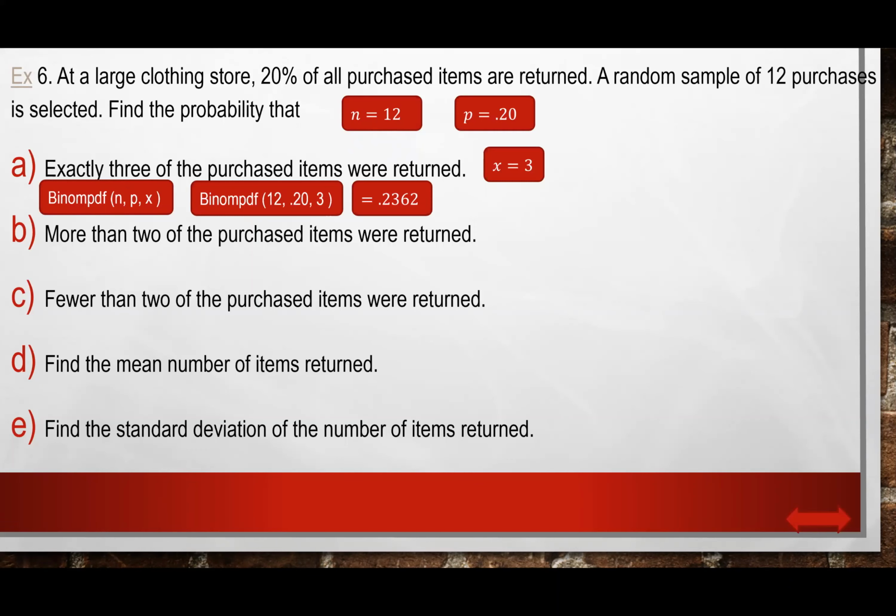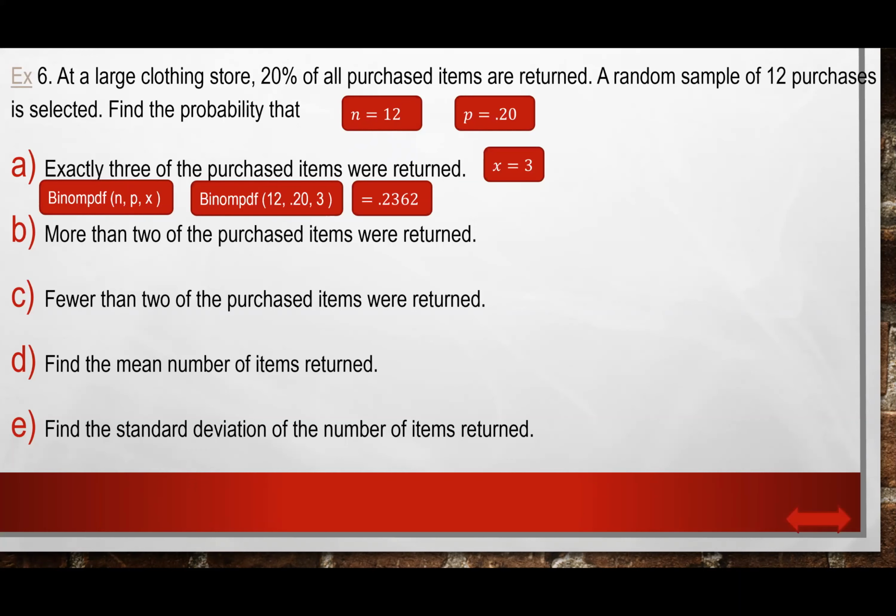Okay, so in 5.2, the difference between A and B is that in B they ask you for a range of numbers, a group of numbers, a cumulative item. Because they ask for a cumulative item, we need to use the binomial CDF.